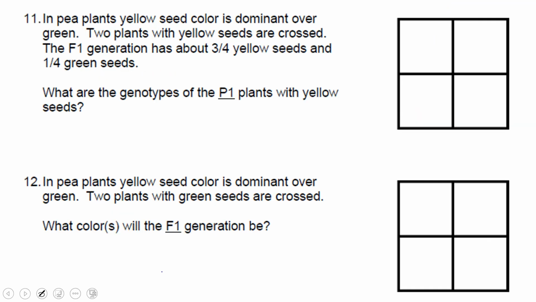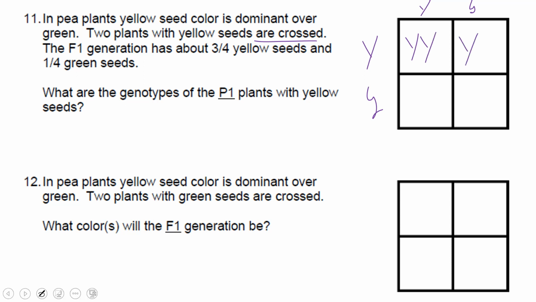Plant seed colors one more time. This time it doesn't say test cross, I'm sorry, it just says crossed. The F1 generation has about 3/4 yellow seeds and 1/4 green seeds. What are the genotypes of our parent plants? Okay, for this one, in order for us to get both yellow and green, but to start with plants that have yellow seeds, that means we're going to have to do heterozygotes to start with.